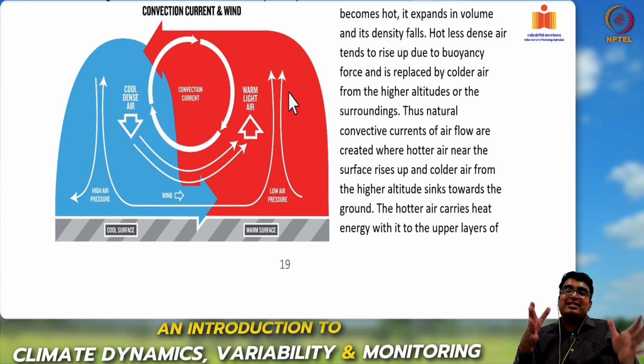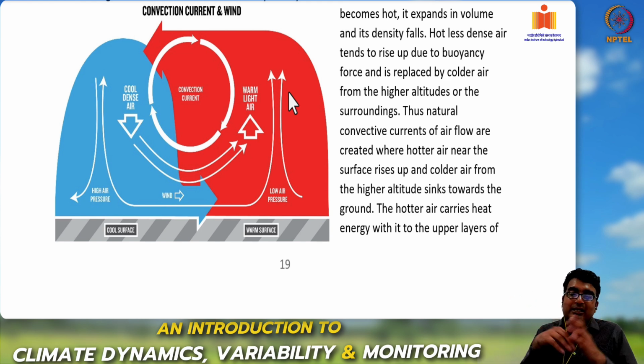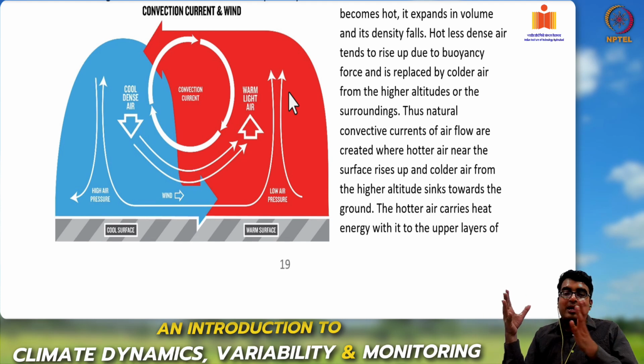So atmospheric stability and instability can be qualitatively understood as the idea that in a stable atmosphere, these buoyancy induced circulation currents are not prevalent, whereas in an unstable atmosphere, this buoyancy induced circulation and the associated cloud formation is prevalent. We will discuss more of this in the next class.